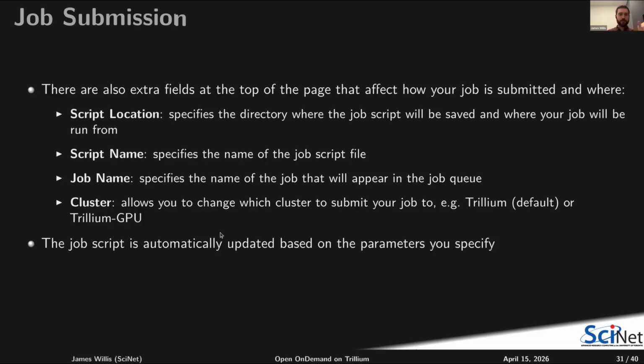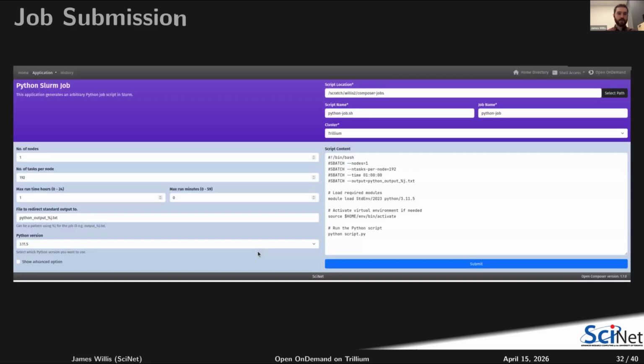So I'm going to show in the demo, but the job script is automatically updated based on the parameters you're selecting on the left-hand side, but it can also be edited manually if you want to customize it to your specific needs. So this is what the template looks like. So you have the job parameters on the left-hand side with the number of nodes, your number of tasks.